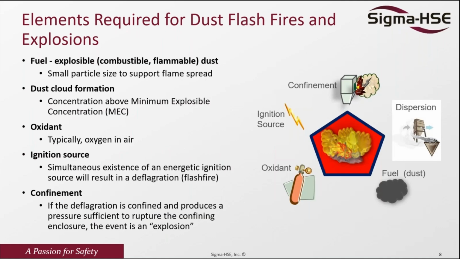What about combustible dust? So we have handled the flammable solvents and gases. When it comes to combustible dust, the three main elements still hold. We need to have the fuel, we need to have an ignition source, we need to have our oxygen. However, having the fuel, the oxygen and the ignition source alone, we are not going to get a combustible dust explosion.